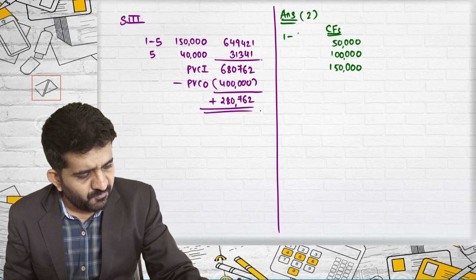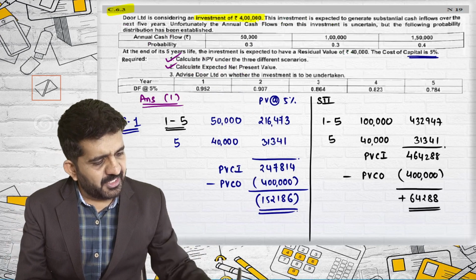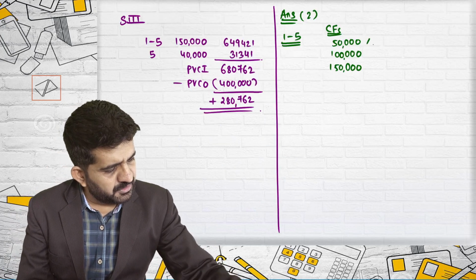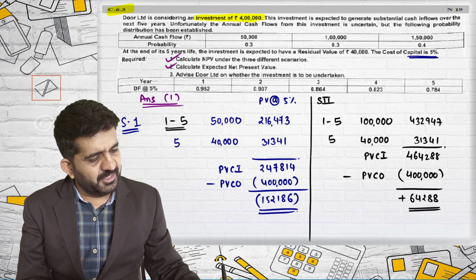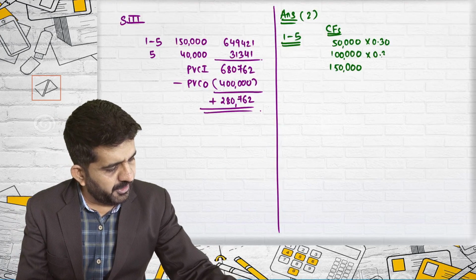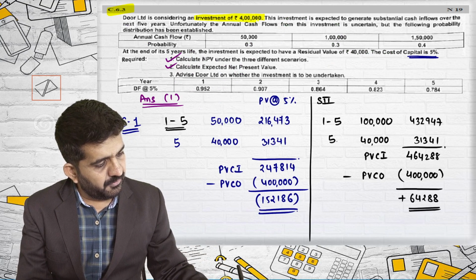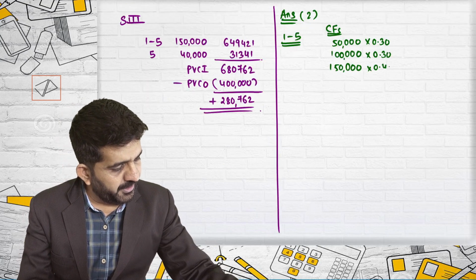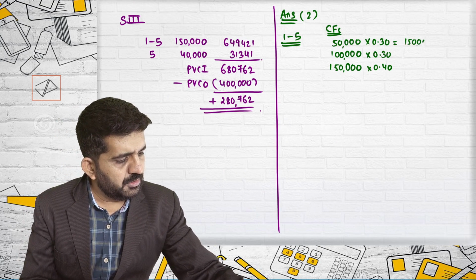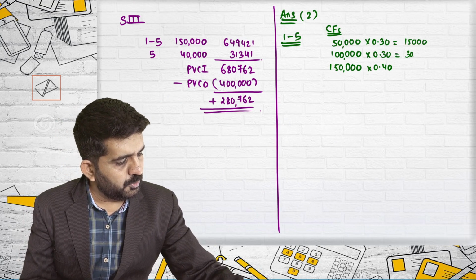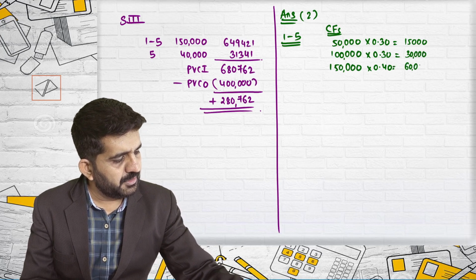From 1 to 5 years, what is the probability that my cash flow will be 50,000? 0.30. That it will be 1 lakh? 0.30. And that it will be 1,50,000? 0.40. So this will be 15,000, this will be 30,000, and this will be 60,000.